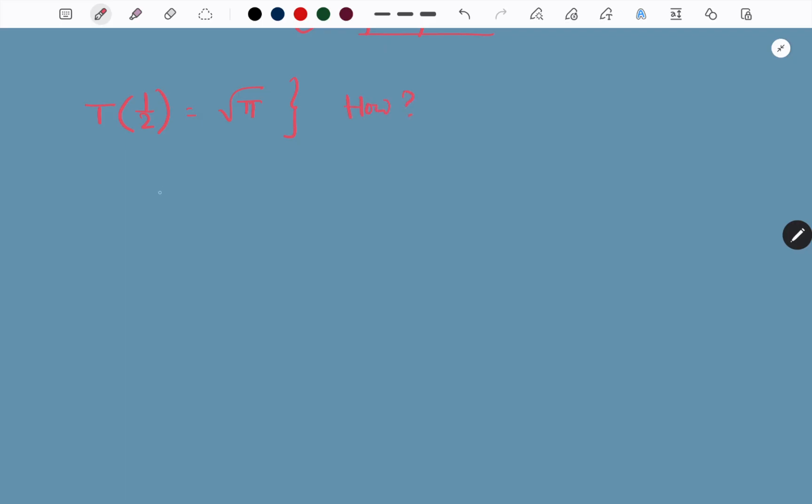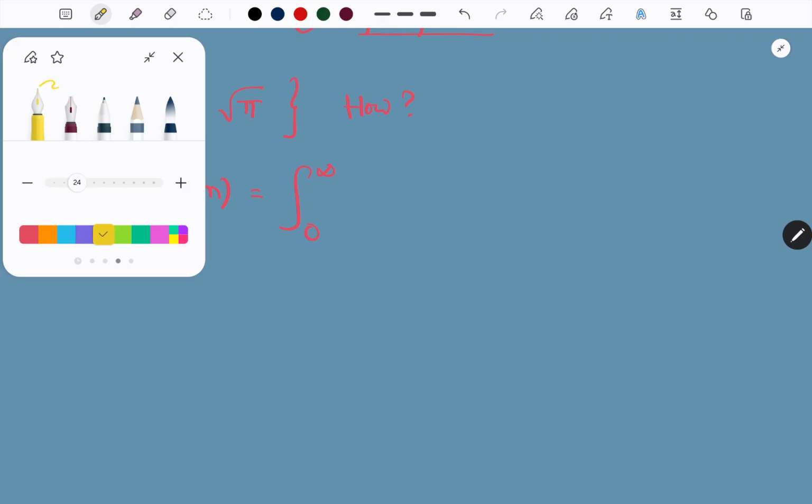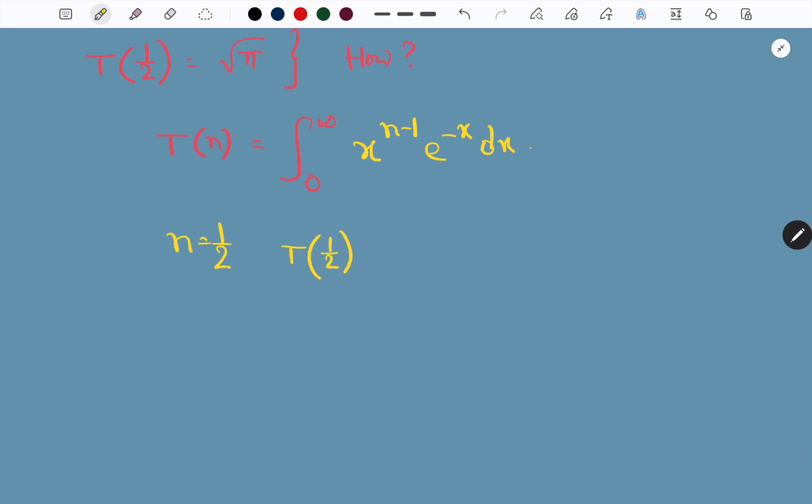We say tau of n is written as the integral from 0 to infinity of x to the power n minus 1 e to the power minus x dx. Now suppose I put n equal to 1 by 2, tau of 1 by 2 is equal to the integral from 0 to infinity of x to the power 1 by 2 minus 1, that is minus 1 by 2, e to the power minus x dx.